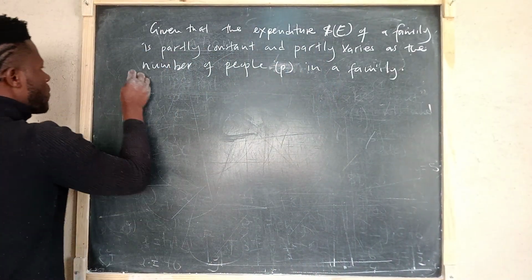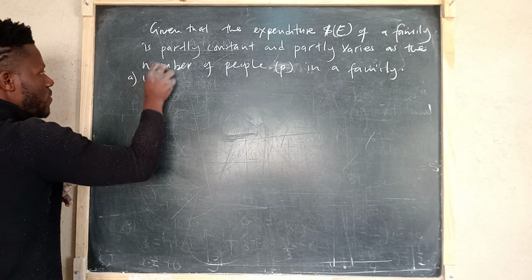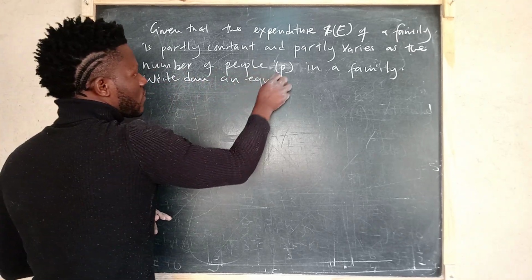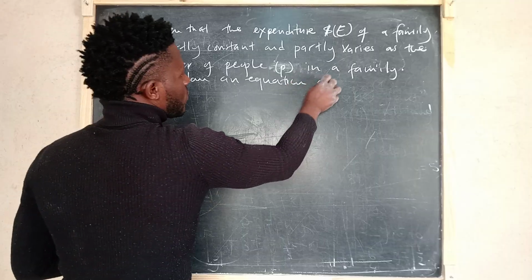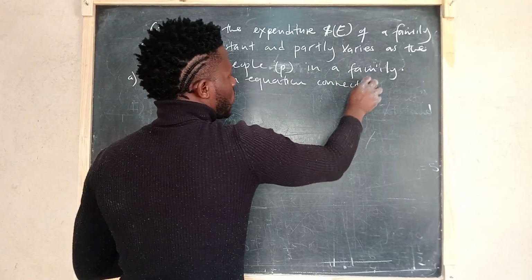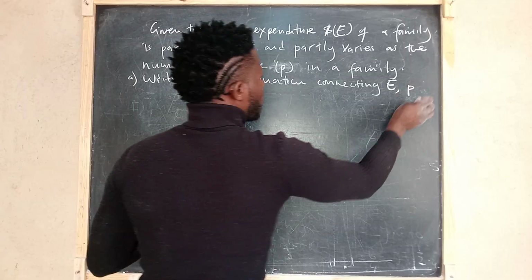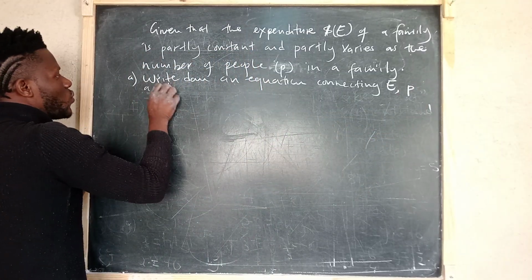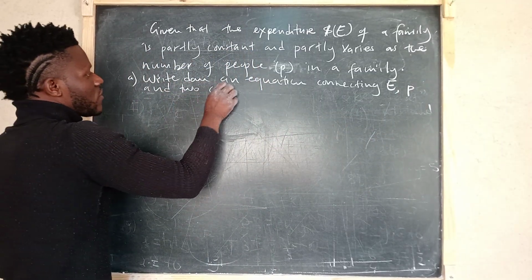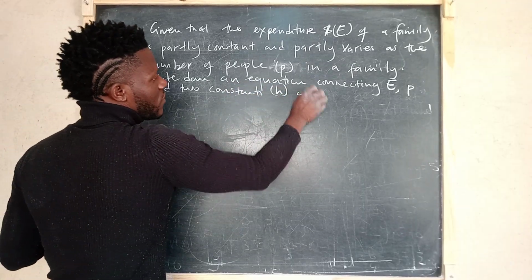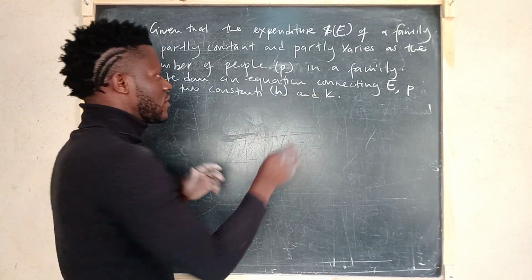Now the question is, number A, write down the equation connecting E for expenditure, P for people, and two constants, H and K. Right.